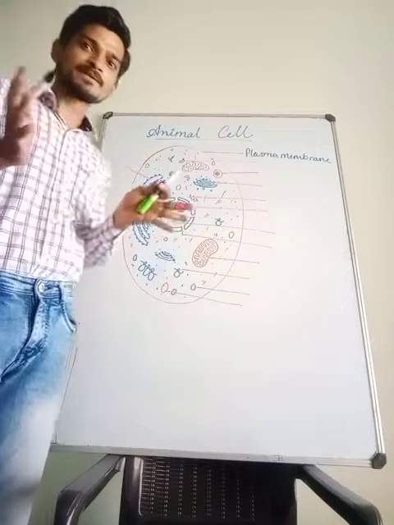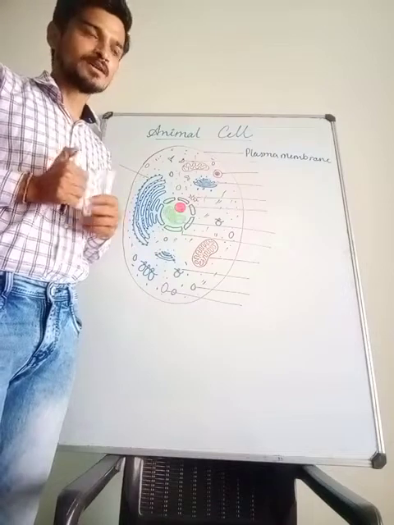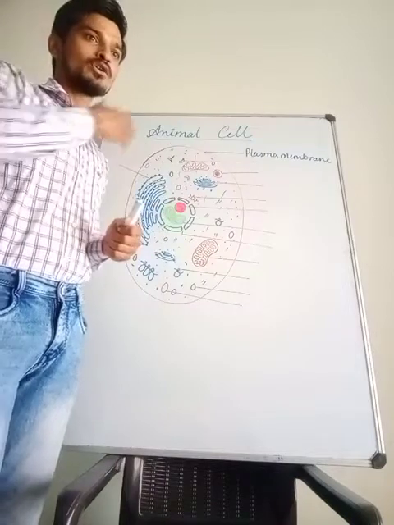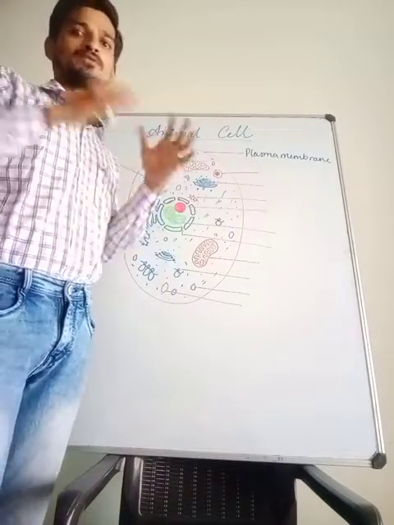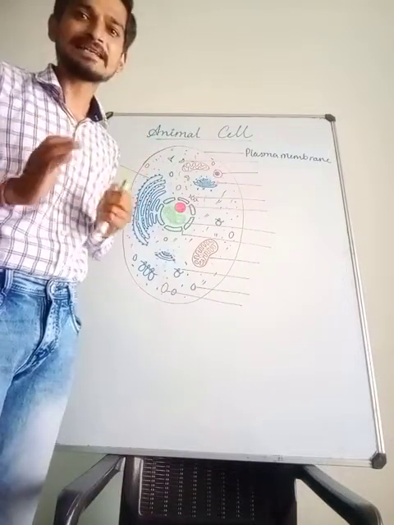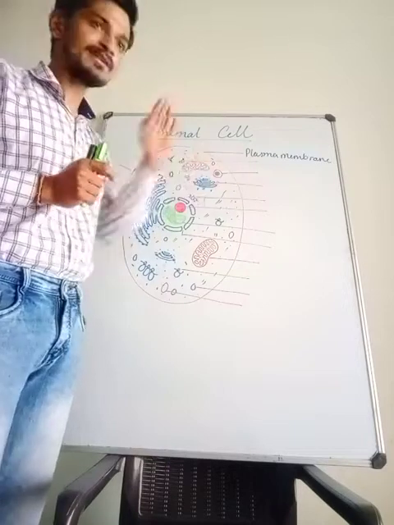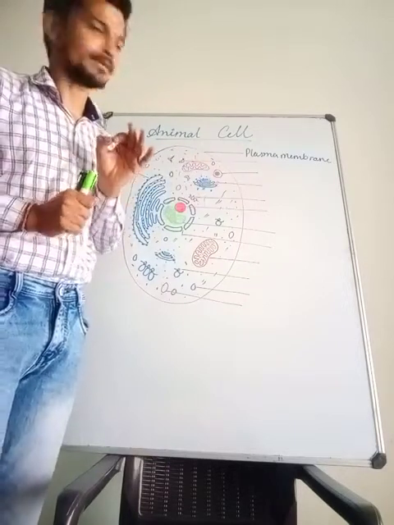If we consider the cell as a room, the role played by the walls of this room is played by the plasma membrane in the cell. It is the limiting membrane of the cell. It differentiates the cell from the surrounding environment.